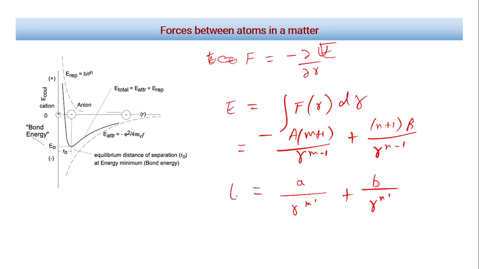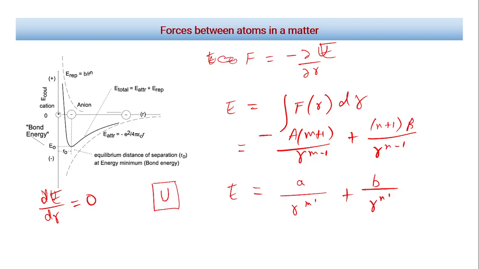So this is the value of energy, and now we want to find out where the energy will be minimum. It will be minimum when the derivative dU by dr is 0. Here it is E or U. Usually for energy we very commonly use the alphabet U, that's why I'm writing U, but if you're comfortable with using the alphabet E, that is also okay.